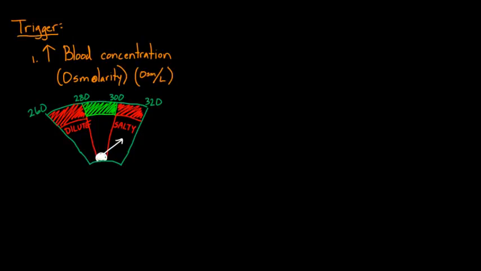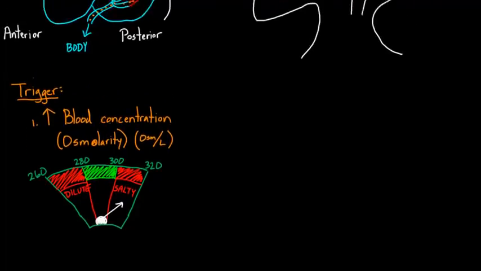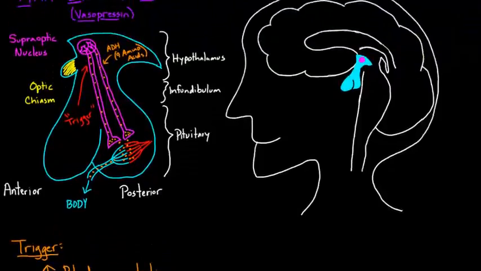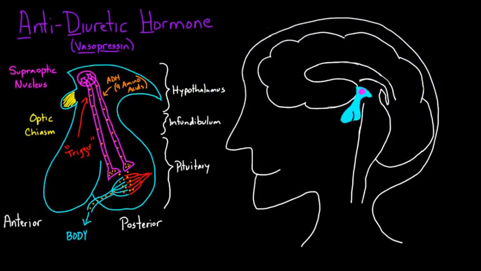In fact, why don't I even go back up and add that to our diagram. So I'm going to put that into our diagram so that we can see it very clearly as being one of the triggers. So let's imagine you have right here a little nerve cell, and I'm going to draw it this way purposefully because we actually don't know where these little osmoreceptors are. All we know is that they do a fantastic job, but we don't know exactly where these osmoreceptors are.